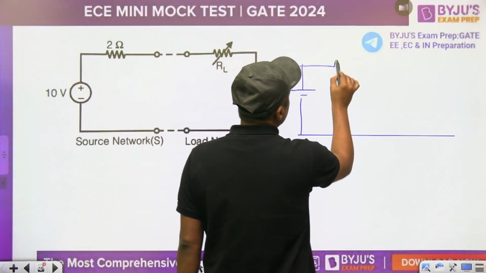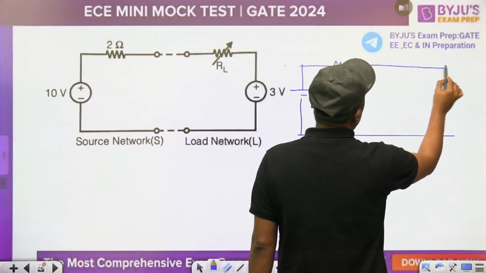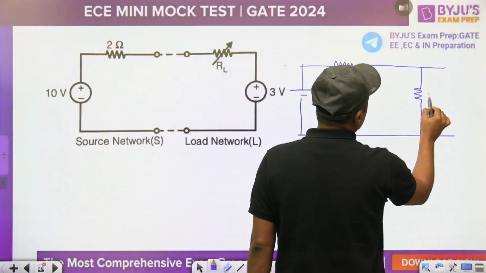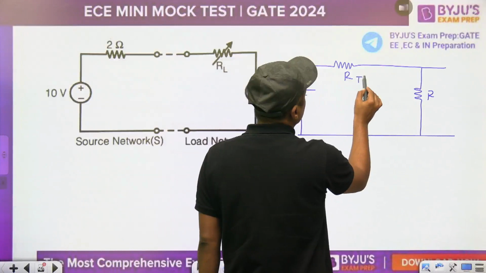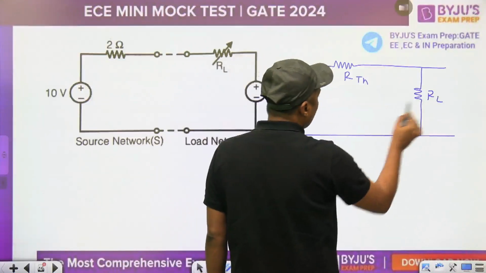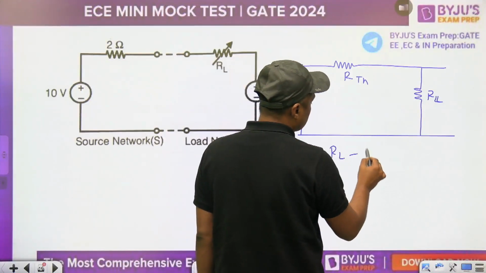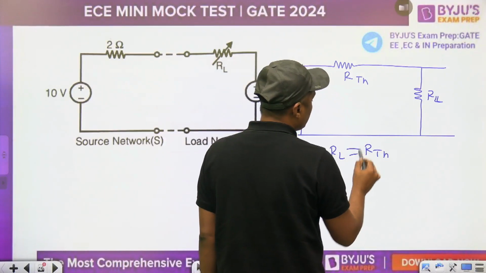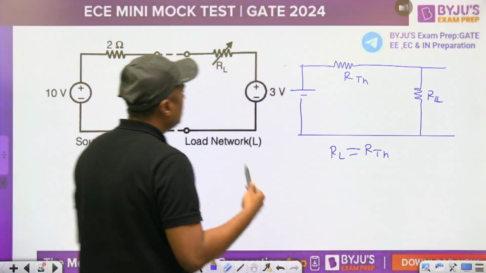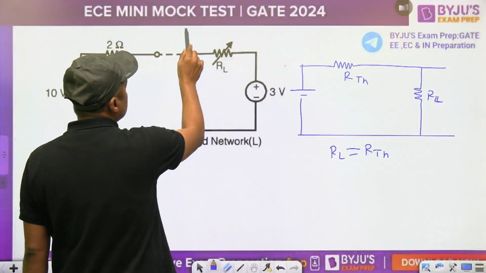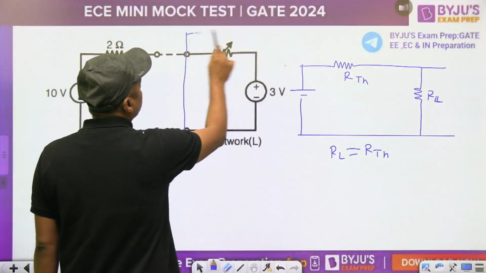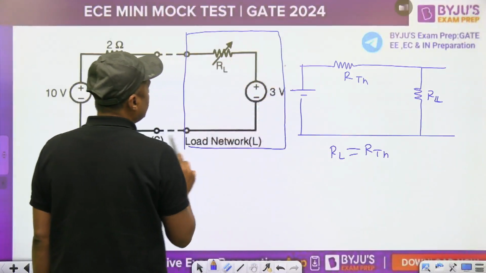This is VTH, this is RTH, and this is RL. RL should be equal to what? RTH for maximum power. RL should be equal to RTH. For example, this is the load. It should be RTH.